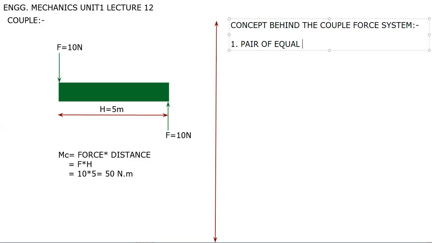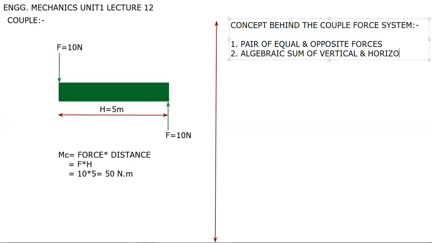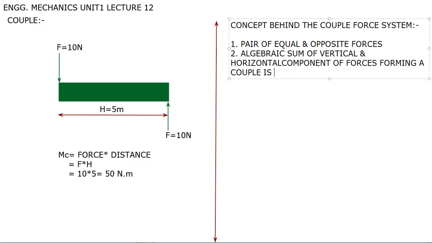The second characteristic is that the algebraic sum of the vertical and horizontal components of the forces forming a couple is 0. Now why is this written?